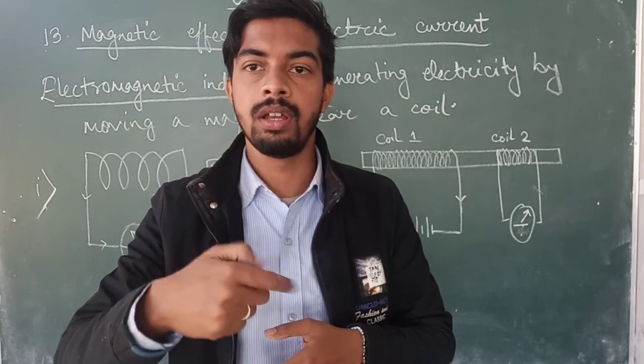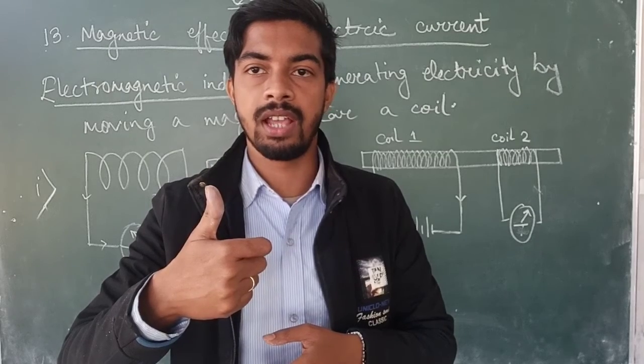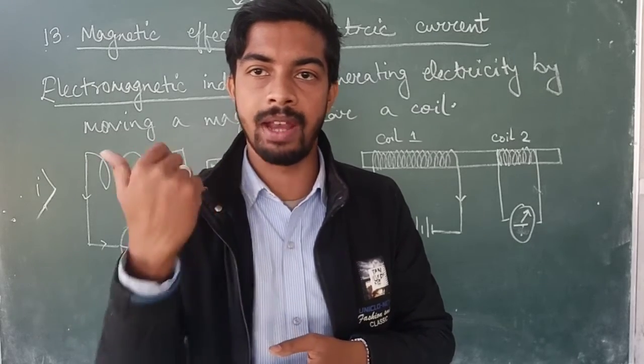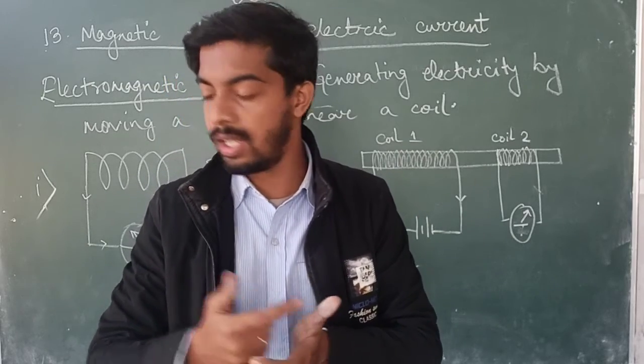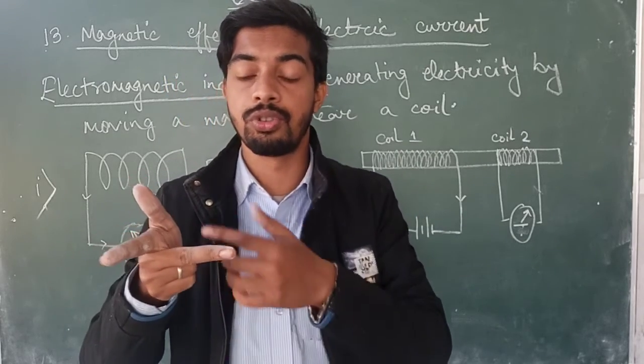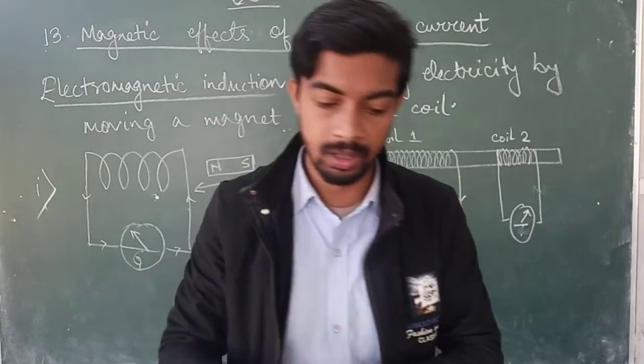Forefinger magnetic field, thumb shows the direction of motion, means moving of the magnet, and the middle finger shows the direction of electric field.